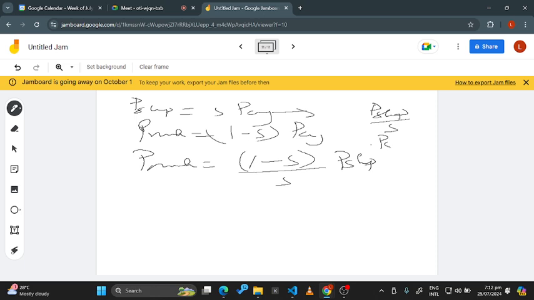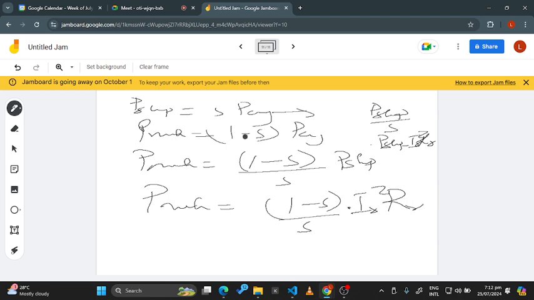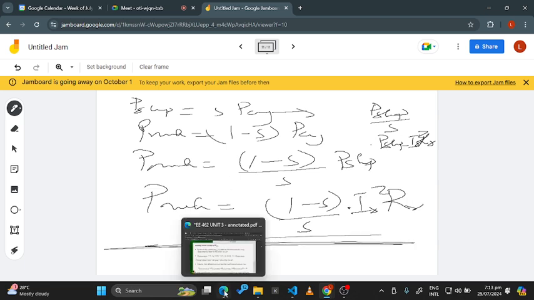But we said P slip is equal to I_R squared times R_R. So P mechanical should be equal to (1 minus S) divided by S times I_R squared times R_R. Yes, we've gotten the same relation.